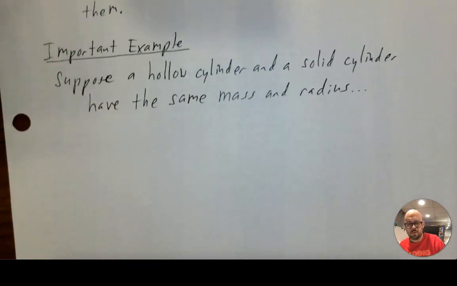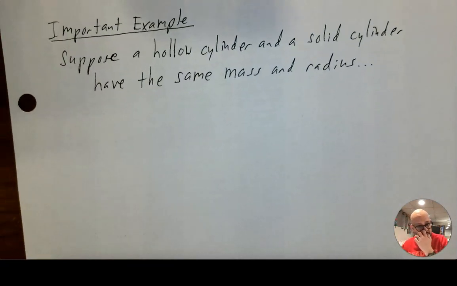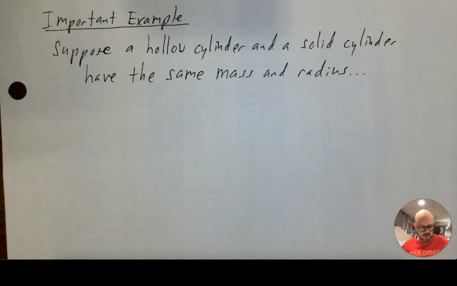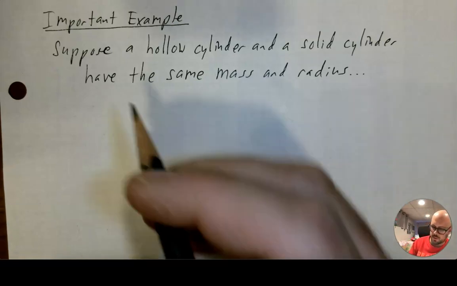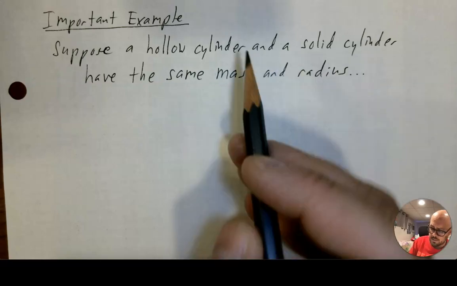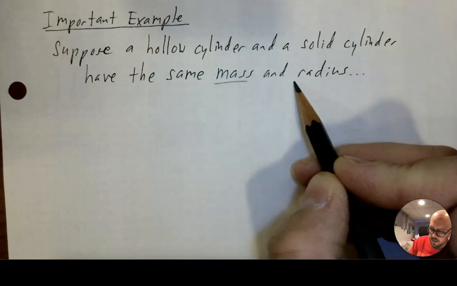So one of the most important parts of this part of the unit is knowing how to compare the rotational inertias of objects. So we're going to take the most common example. Suppose a hollow cylinder and a solid cylinder have the same mass and radius.